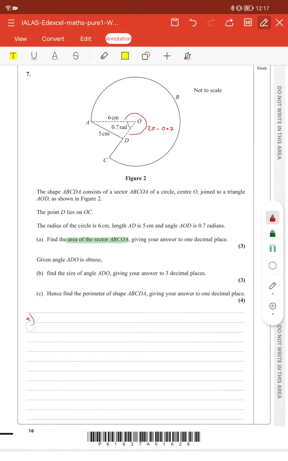So for the area of that sector, it's a half r squared theta, which would be a half times 6 squared times 2 pi minus 0.7, and it wants it to one decimal place. And that would give us 100.5.